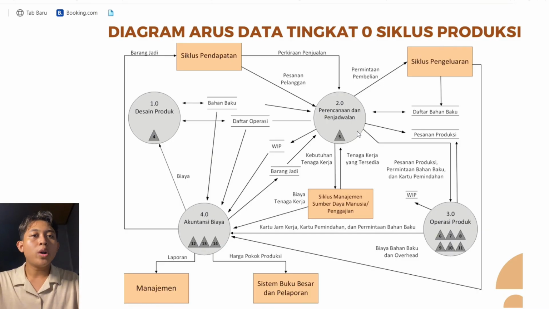And next, once raw materials are secured and staff allocation is scheduled, the planning and scheduling department sends the production order, material requisition, and move ticket to the production operation department. This data is used to provide official work instructions and authorize workers to draw physical material from the warehouse to the factory floor.